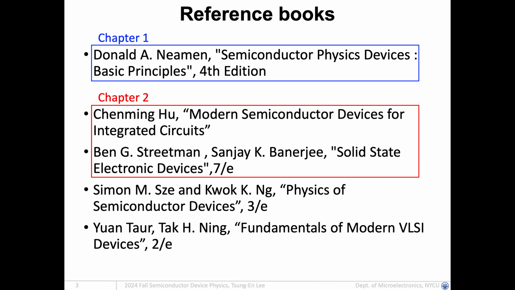So in that part, I will refer to Professor Chen Minghu's textbook and also Streetman's textbook. The other 2 textbooks are by Academician Professor C and Professor Yuan Tao. Those will be more advanced, but you can take them also as a further reference.